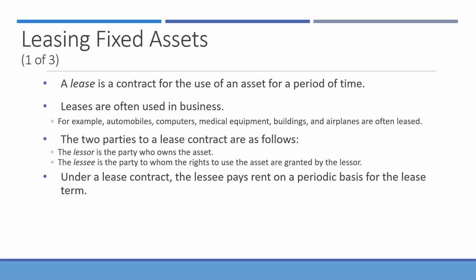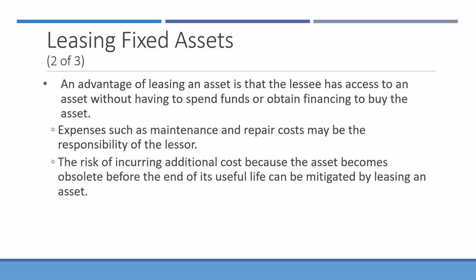And the lessor is the party that owns the asset, and the lessee is the party that is renting or leasing the asset and is getting to use the asset under the contract. And the lessee pays the lessor rent on a periodic basis over the term. There's a specific term.